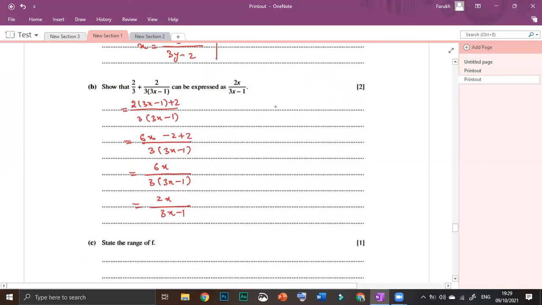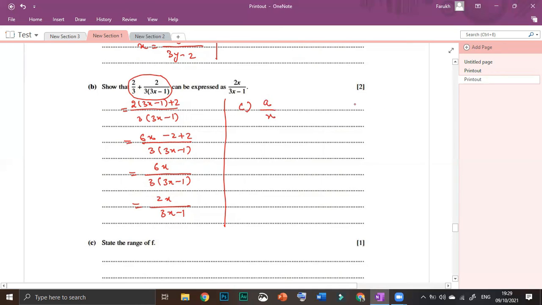Now, for part C, I will start with the first expression to find out the range of this function. Recall A over x.